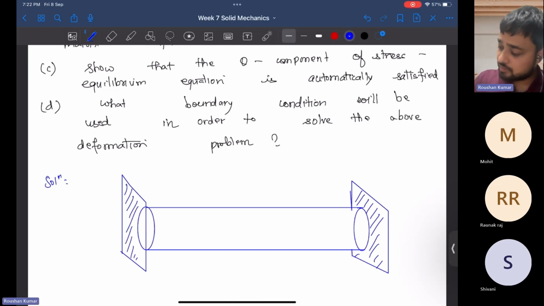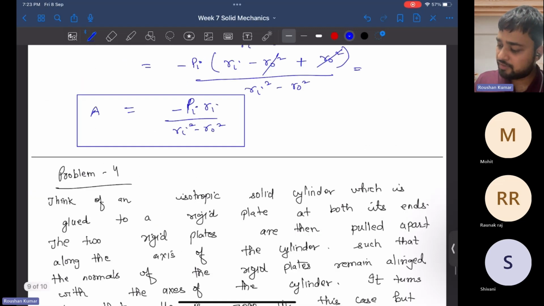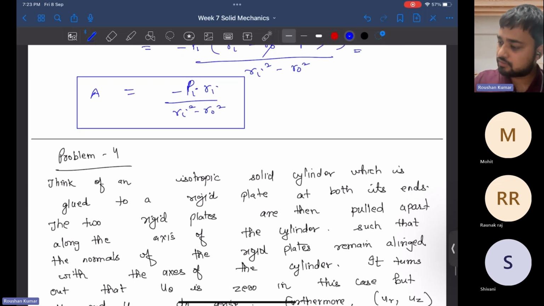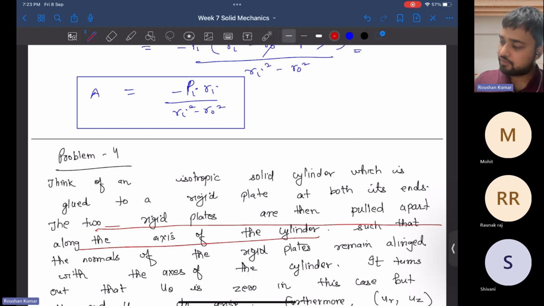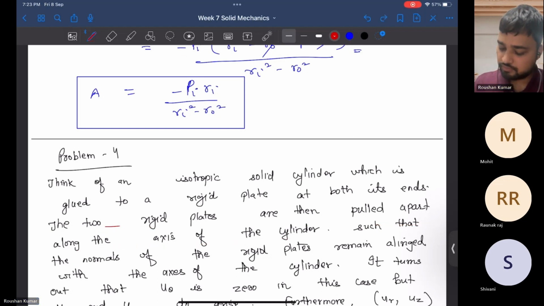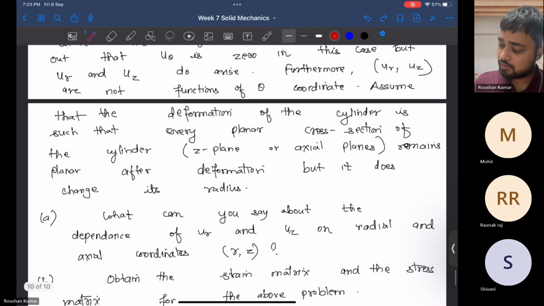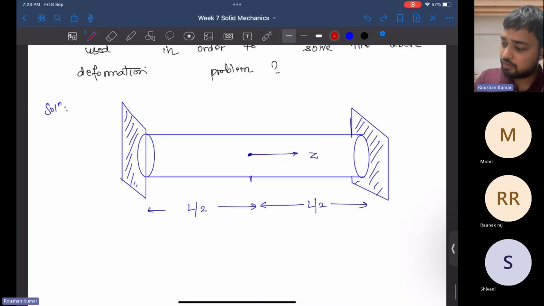This is the origin, this is along the z axis, and suppose the length of the cylinder is L, so this is L by 2 and this is also L by 2. And it is mentioned in the question that the two rigid plates are then pulled apart along the axis of the cylinder. So basically the cylinder is pulled apart along the axis of the cylinder.